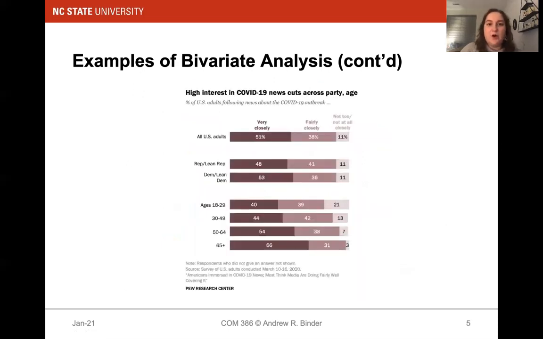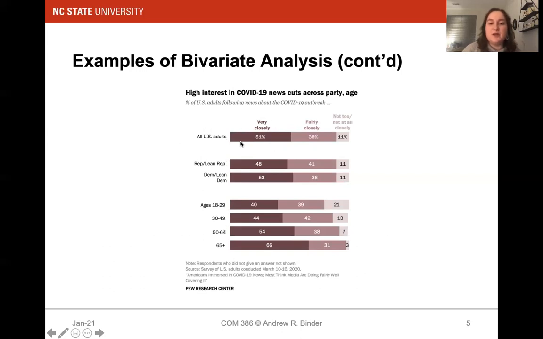Our last one, also COVID-19 related, involves the Pew Research Center asking adults in the US who are following the news about how their political party relates to how well they follow news of COVID-19, and how their age does as well. We've got three different sections here.